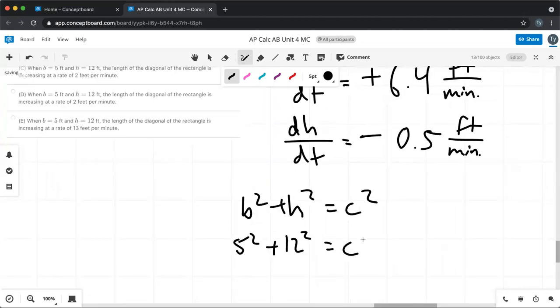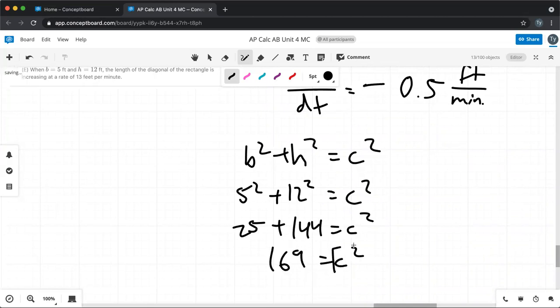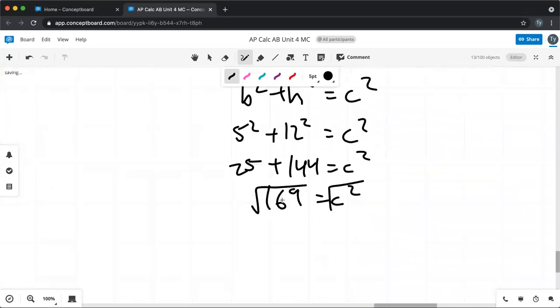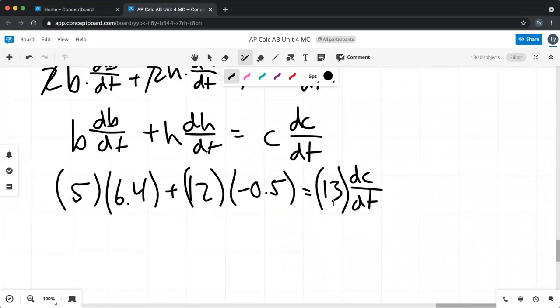And our C is what we're trying to find. 5 squared is 25, plus 12 squared is 144. 25 plus 144 is 169. And if we take the square root of both sides to find C, the square root of 169 is 13 exactly. Okay, so now we know C, so we can plug that in.